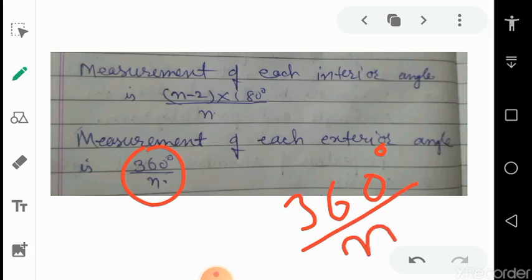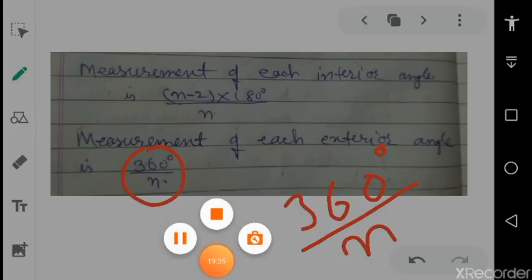In both these formulas, n is the number of sides. Again, n is the number of sides. It means for a triangle, n is 3. For a quadrilateral, n is 4. For pentagon, n is 5, and so on. So in this way, use the formula in a proper way.